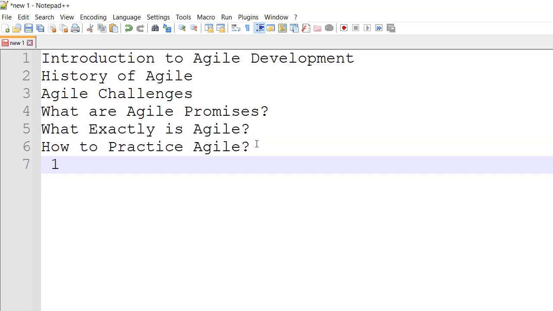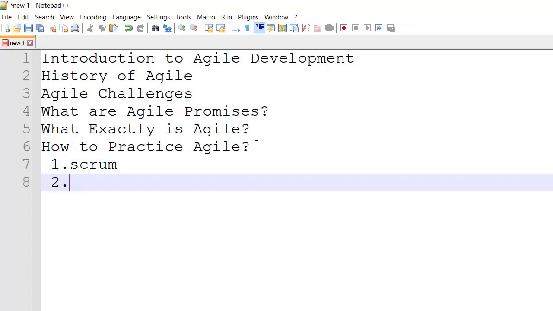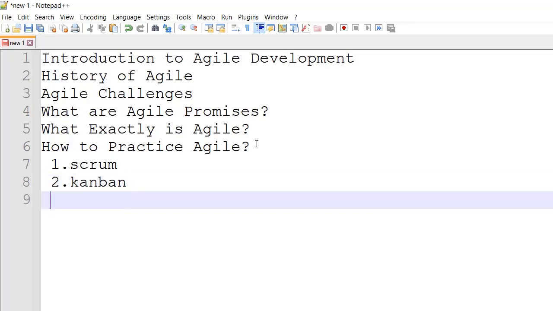One is Scrum, another is Kanban, and the third is FDD. We have a lot of other practices as well, including extreme programming, and all these methodologies focus on lean software development and help in building better software effectively and efficiently. That is all for the Agile introduction.